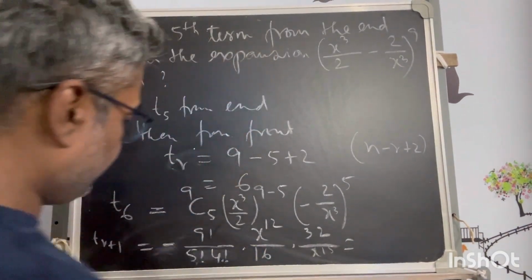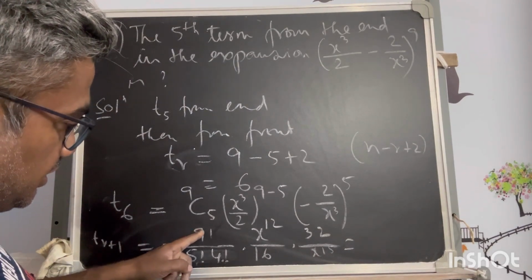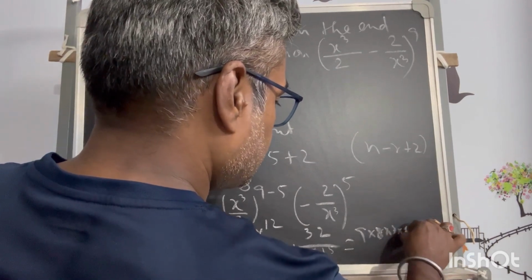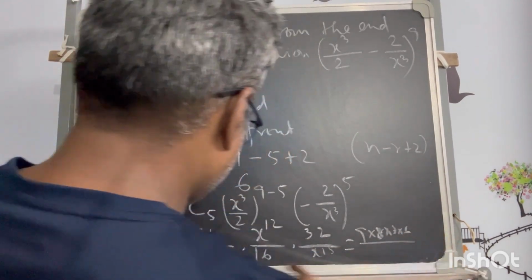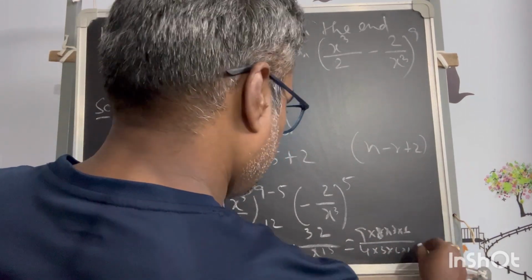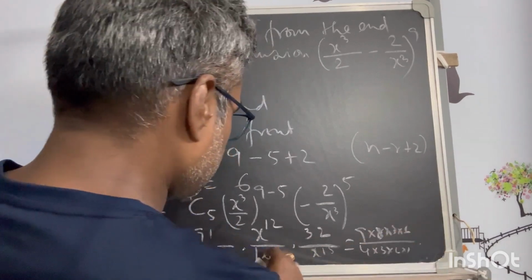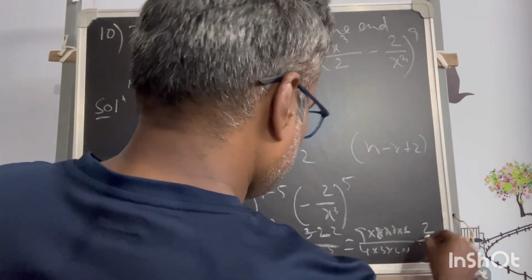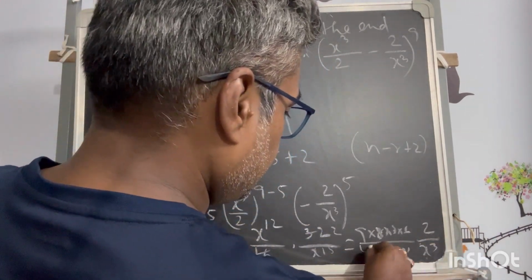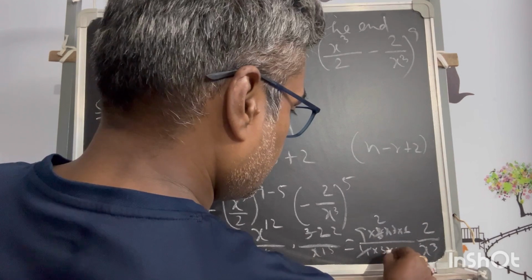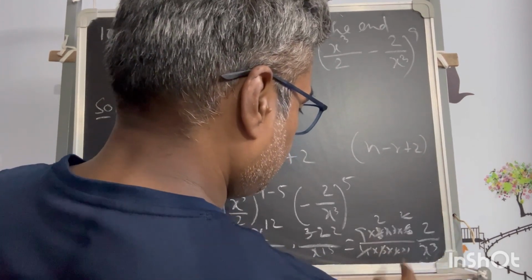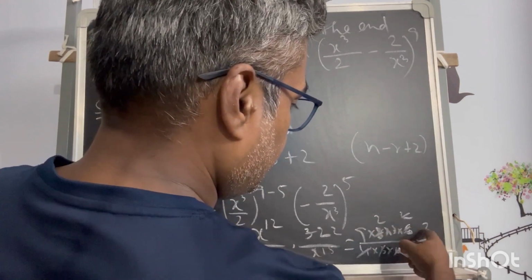Now this can be simplified. 9 can be written as 9 into 8 into 7 into 6, then factorial 5 will cancel each other. 4 can be expanded into 4 into 3 into 2. And this power 16, 2, so 2 will come here, and the ultimate power of x will be x cube. If you cancel it, 8 and 2, and this is 6 now, so 3, 2, 2 will be cancelled out.